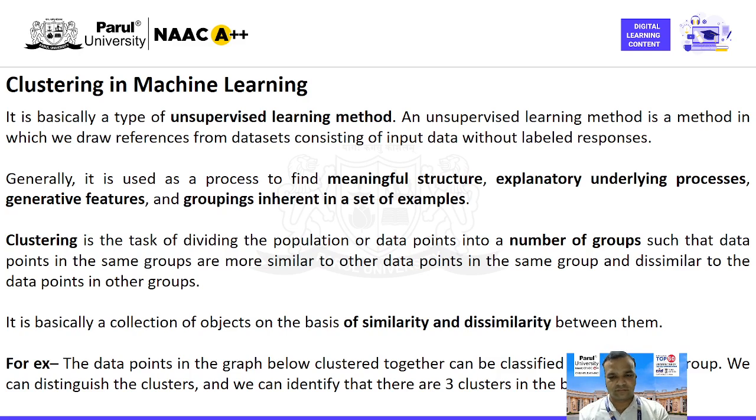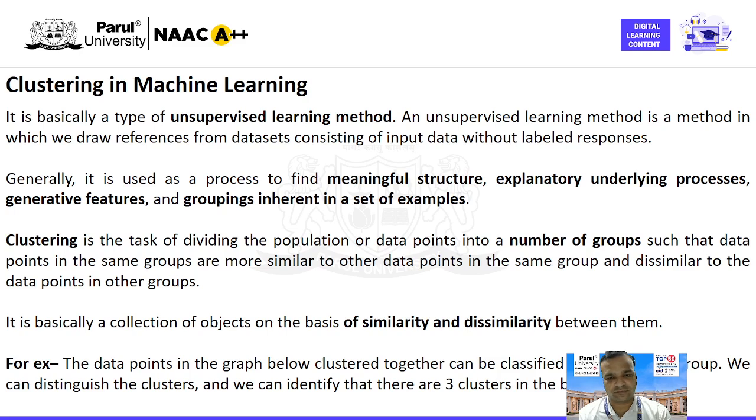After you complete emptying your vegetable basket, you open your eyes and you can see these three groups. First one is potato, second one is onion, and third one is tomato.